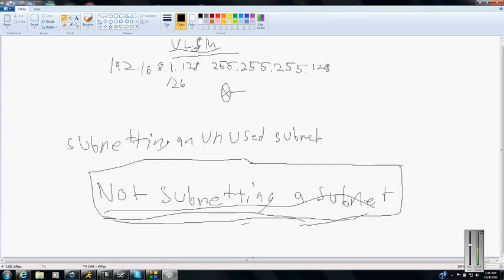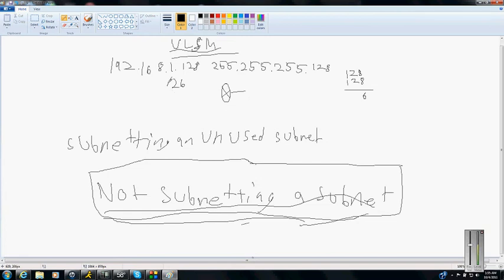So 128 plus 128, I believe, is 256. Anyway, the broadcast address will be one less than the next network number, which will be 255. And actually, in this case, 256 is not a valid network address, but it still is the same principle.